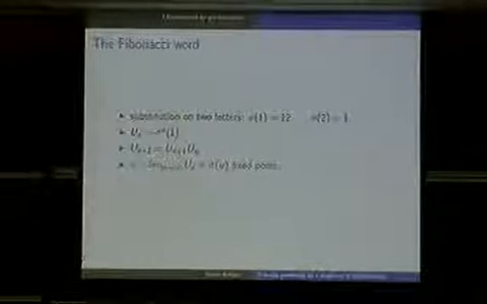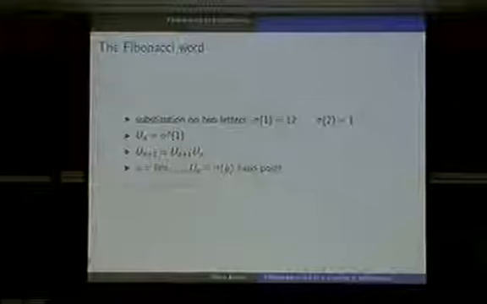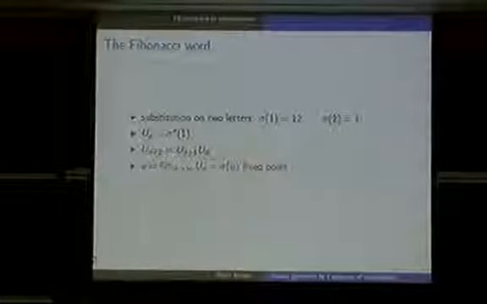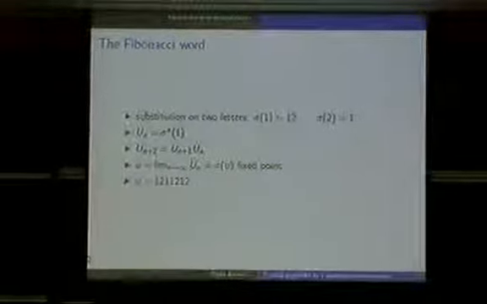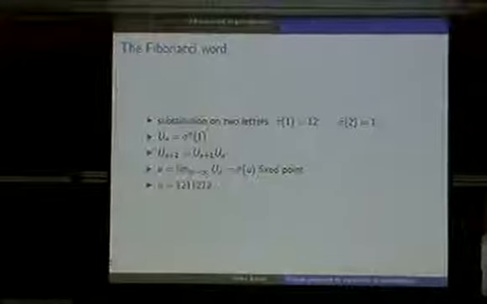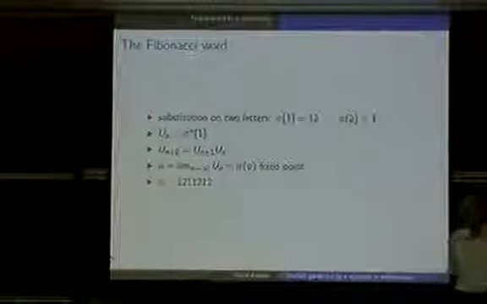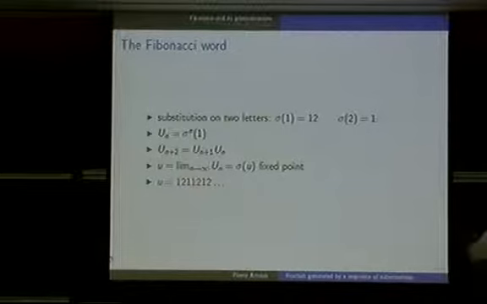We go to the limit because all these words are included in each other, and this limit is an infinite word which satisfies u equals sigma of u, the fixed point of the substitution, and it starts with 1, 2, 1, 1, 2, 1, 2, and so on.